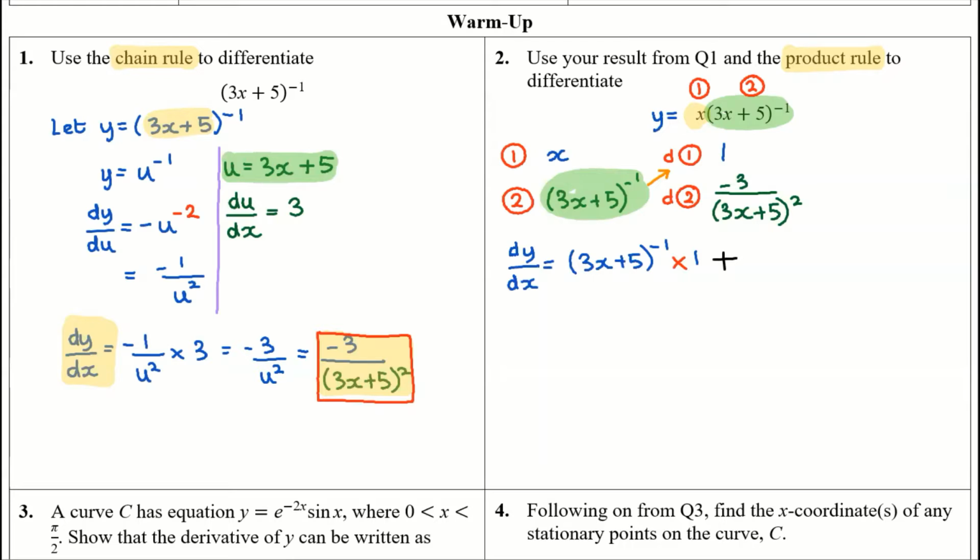So that's going to be plus x multiplied by negative 3 over 3x plus 5 all squared, and then just put the multiplication symbol in there.